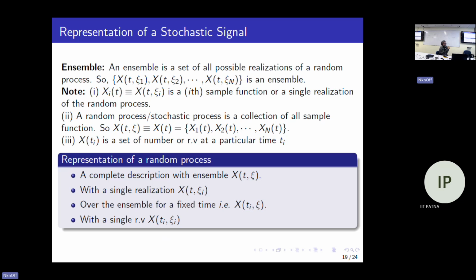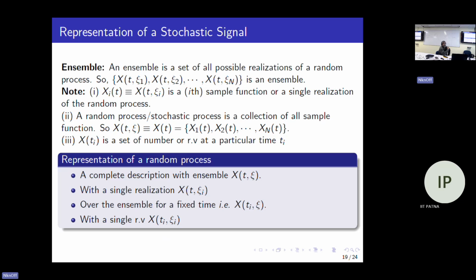Sometimes we write, as a second note, x_i(t). Sometimes we make some simplification of the notation, which is x_i(t) equals x(t, zeta i). So we remove zeta i and instead write x_i, which means the ith realization. Now note 3: a random process, or stochastic process, is the collection of all sample functions.